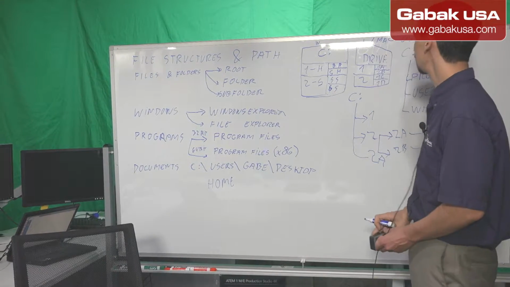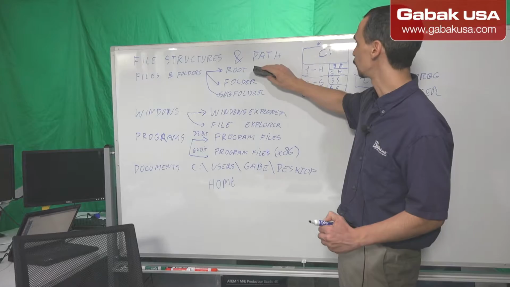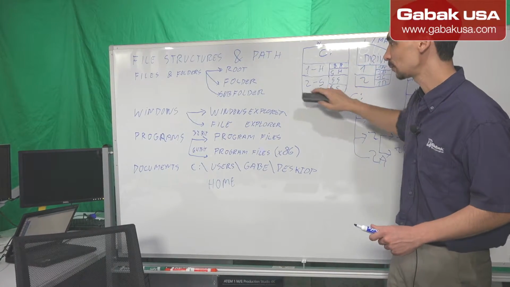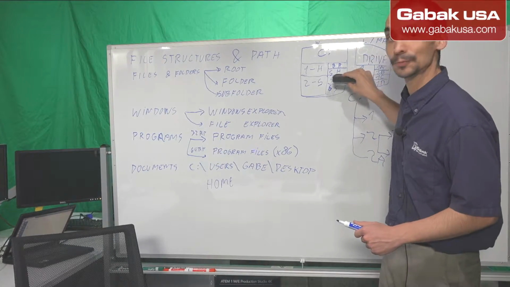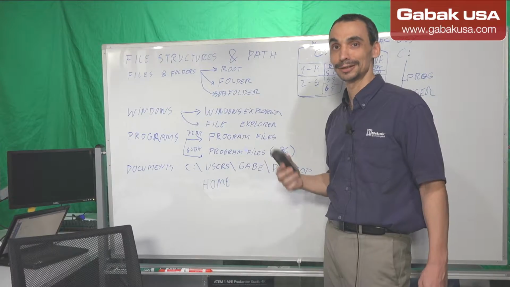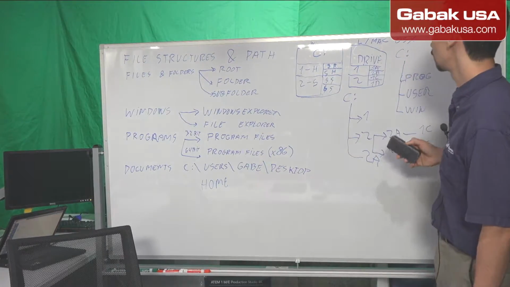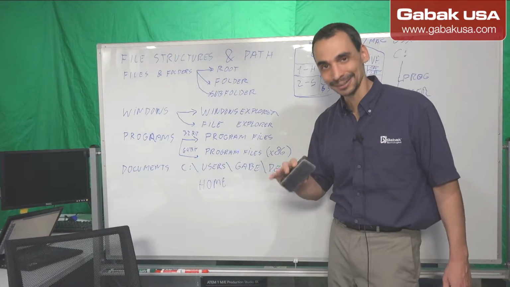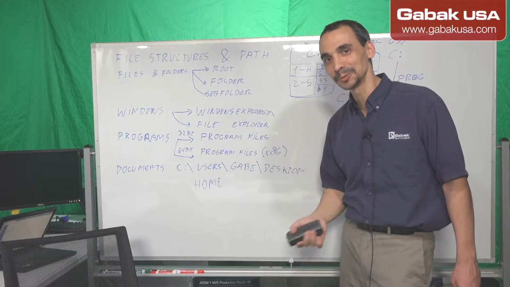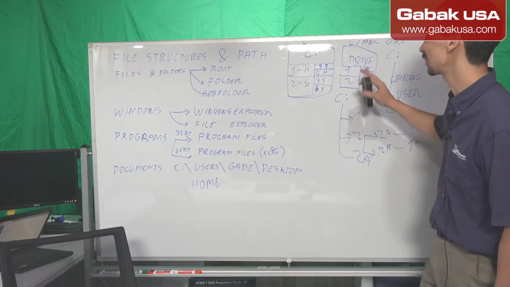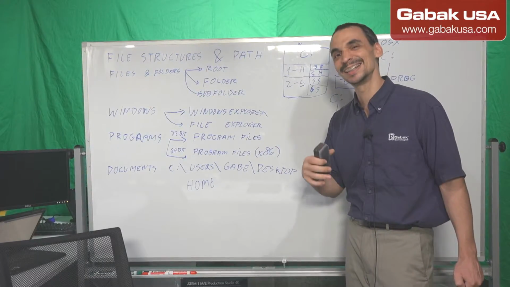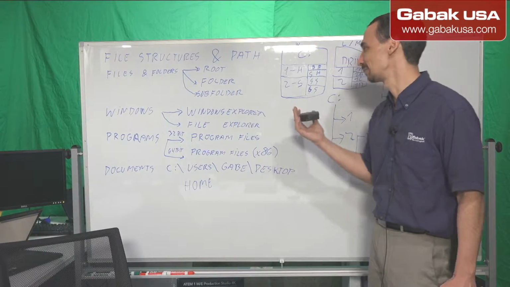So this will be the root. The root will be the whole box, and the other compartments will be the folders, and the sub-compartments will be the subfolders. So you can have as many subfolders as you want. There are certain limitations, but we're going to talk about them in another chapter. So for now, for most end users, it is almost endless or unlimited.